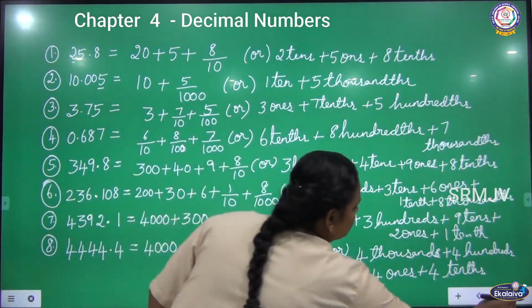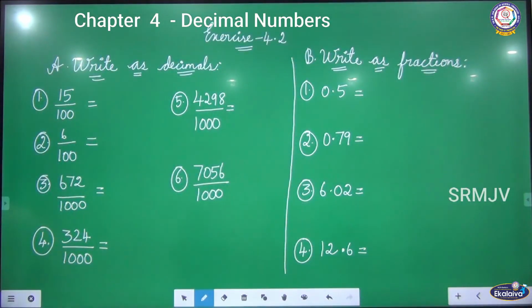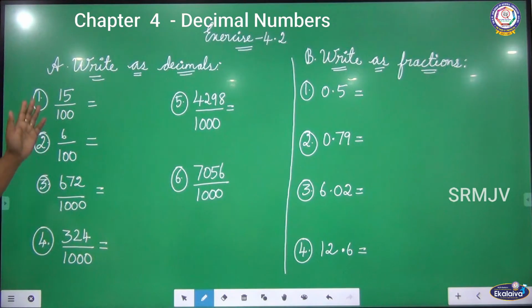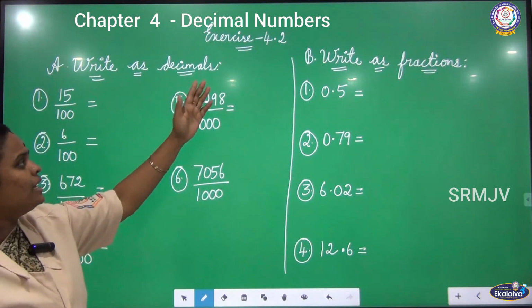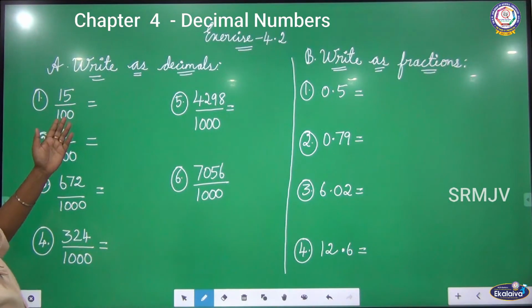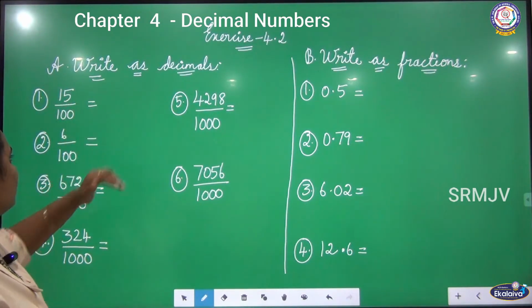Next one, exercise 4.2, write as decimals. We are going to write the fractions as a decimal: 15 by 100, then 6 by 100, 672 by 1000. Listen children, they have given the fraction. We are going to write this fraction as a decimal.